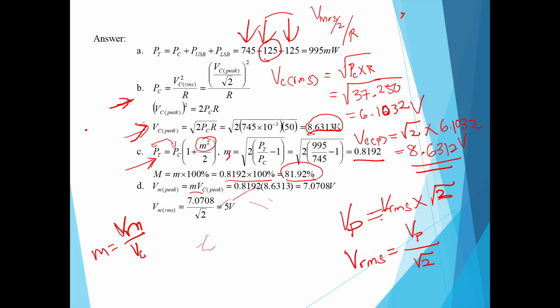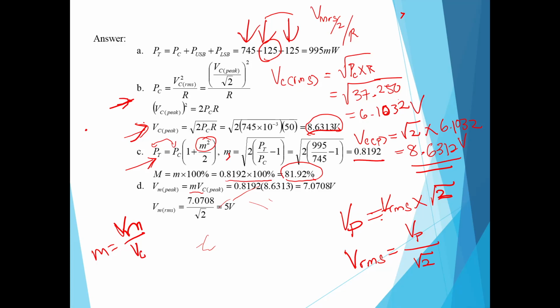So the next question asks, how much is the VLSB and also VUSB? Berapakah nilai VLSB dan juga VUSB? Okay. So here, the lower and upper sideband voltage. So this is asking about the peak amplitude of the lower sideband and also the upper sideband.